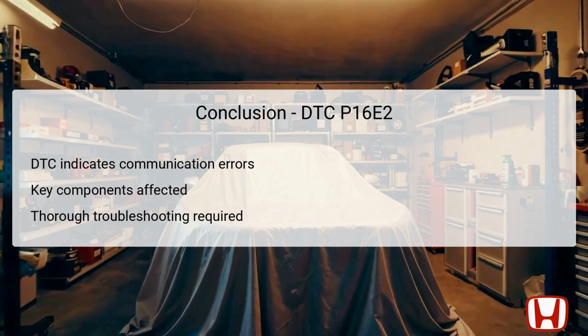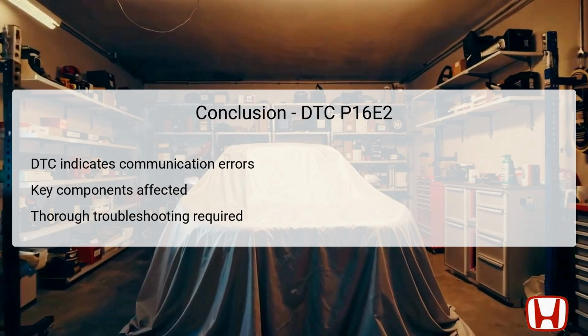In conclusion, DTC P16E2 denotes critical communication errors within the vehicle's PGM-FI-ACG LIN network, leading to potential disruptions affecting battery charging and performance. It is essential to identify the key components involved, including the alternator, battery sensor, and PCM, to understand the broader implications of this issue.